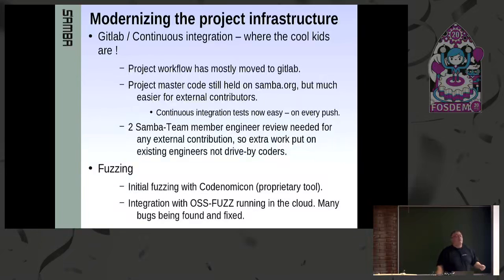A lot of fuzzing work has been done. We originally fuzzed with Codenomicon, a proprietary tool, which was utterly superb. They still will run on us for free because we're kind of a famous project, but we would really like open source tools. So Catalyst has been doing a lot of work to integrate with OSS-Fuzz running in the cloud. A boatload of bugs have turned up in code that we thought was safe and stable, and none of them, of course, CVEs yet, I think.